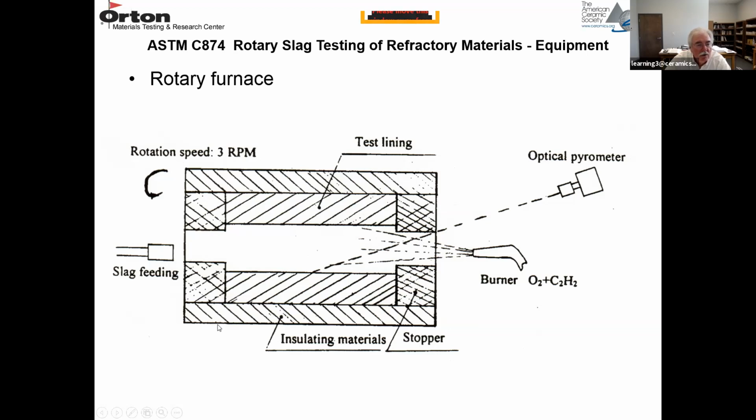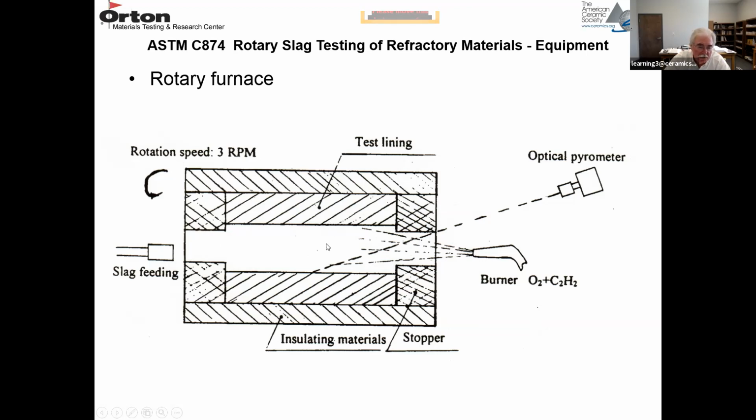This is sitting on a roller system of some type with a variable motor. You can control the speed of rotation. And this test was run at 3 revolutions per minute. So the furnace is rotating. On the low side, because it is tilted, this is the low side, this is the high side. It's not a very steep tilt. You have some type of gas burner. It could be oxygen acetylene, oxygen propane, but it's a high temperature flame and it heats this up.